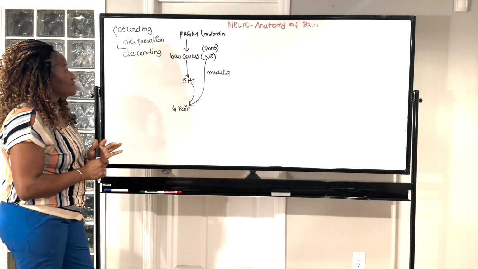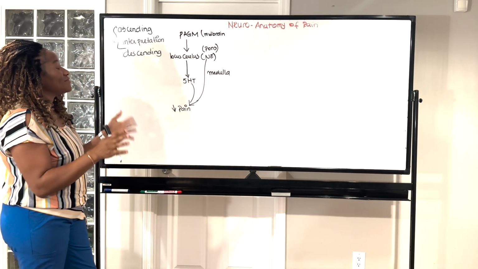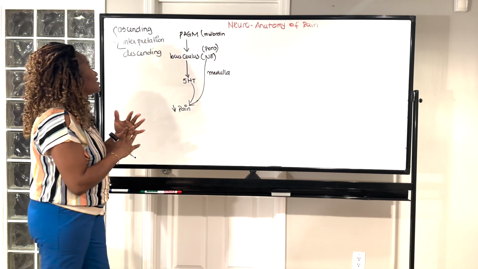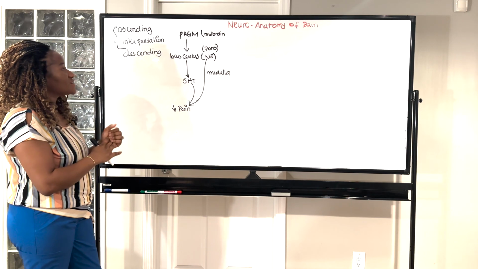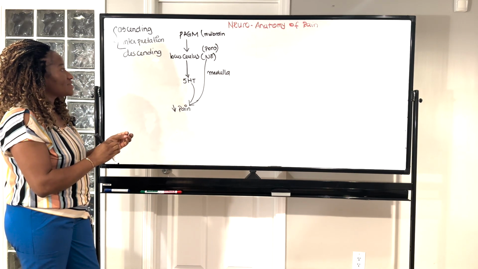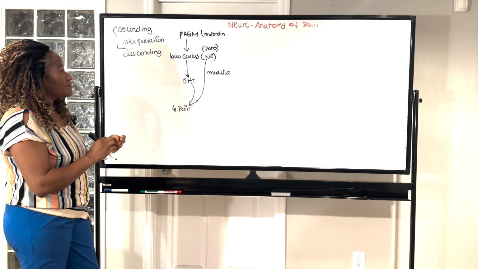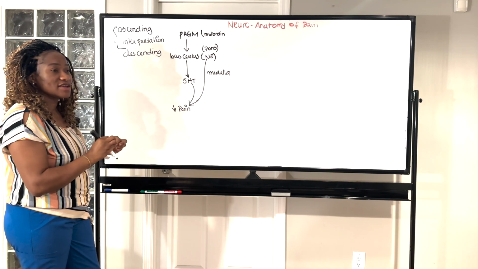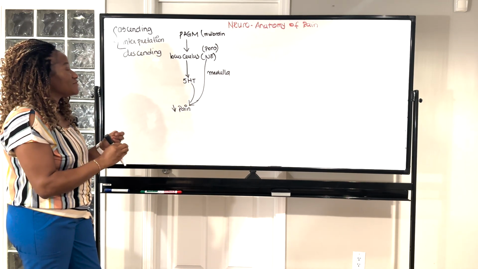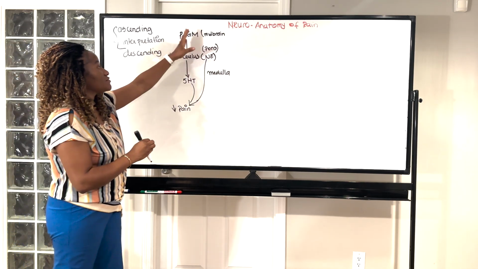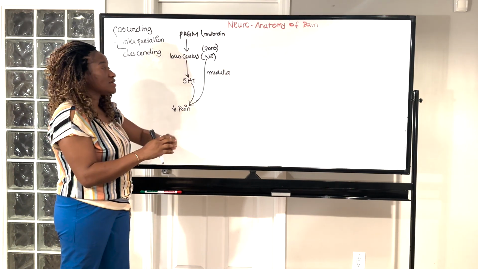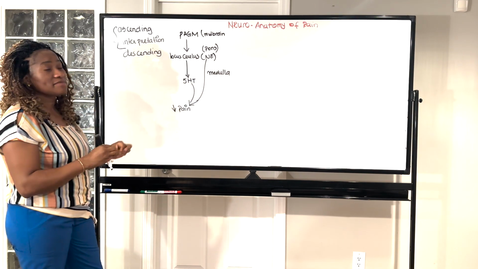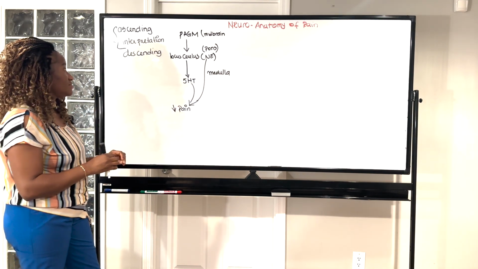So this is an overall picture of what the descending pathway is going to do. But actually the mechanism is quite a little bit more complex than this, but I just want you to have a feel first. So the periaqueductal gray matter is located in the midbrain. This is where the descending pathway starts.